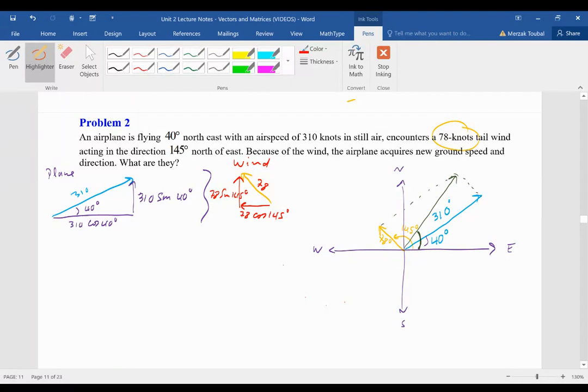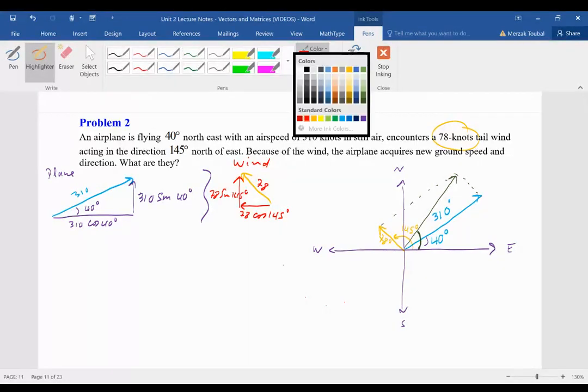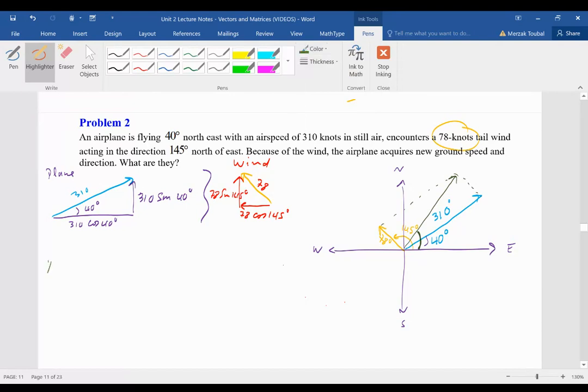Good. Now the resultant vector is the sum of the x components of both vectors, comma, the sum of the y components of the vectors.